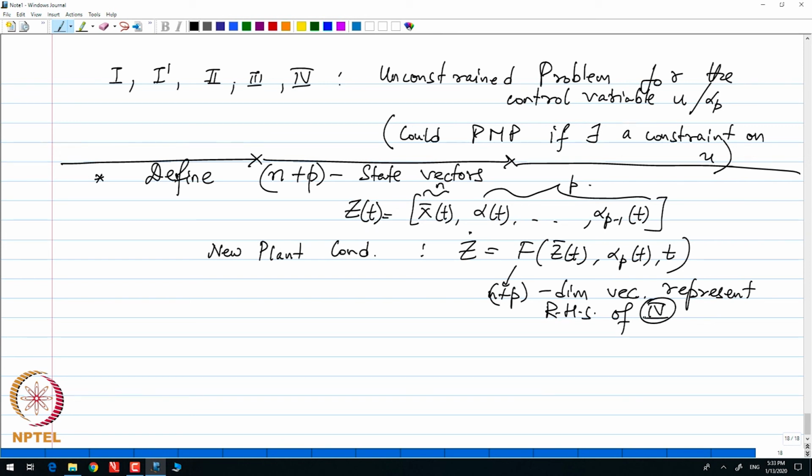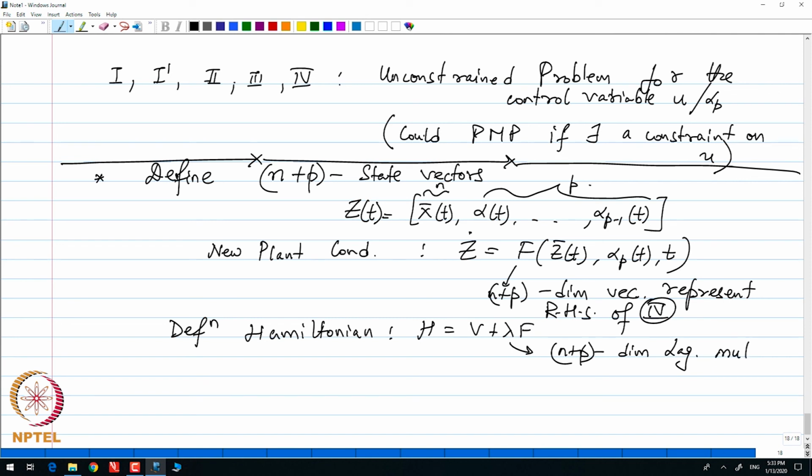So, we had all the equations that we had described, and finally, I define my Hamiltonian, which is again the same, h is equal to v plus lambda f, where my lambda is an n plus p dimensional Lagrange multiplier.